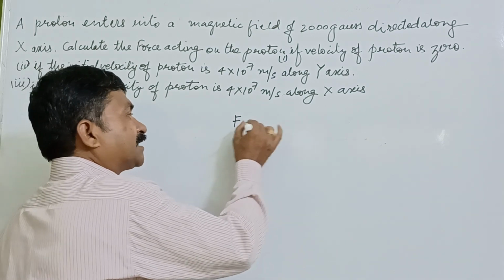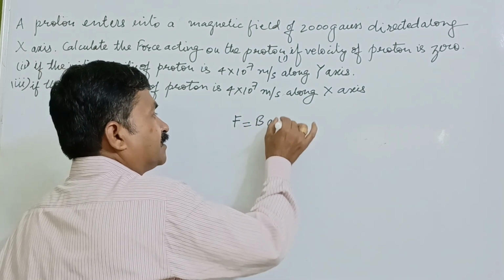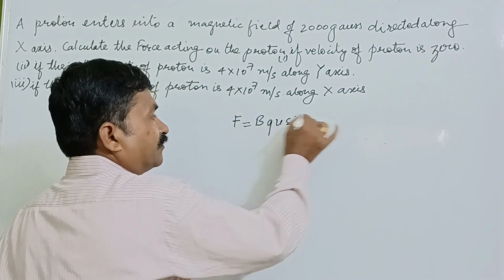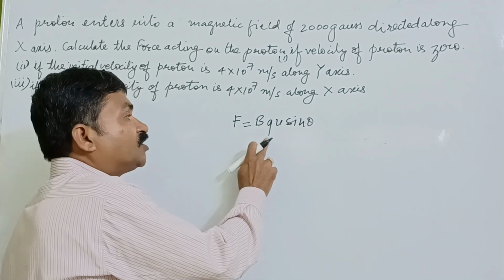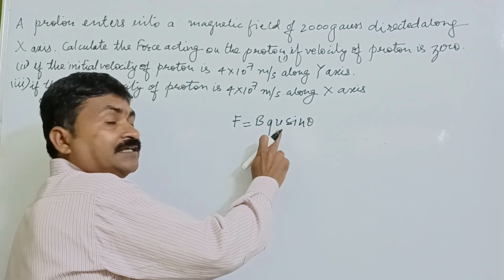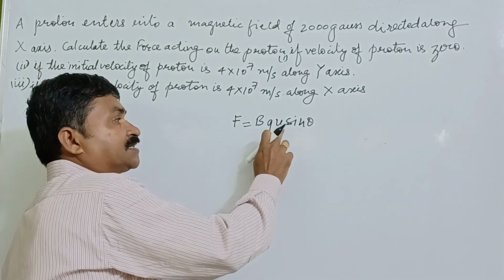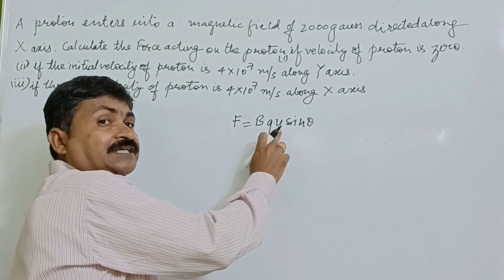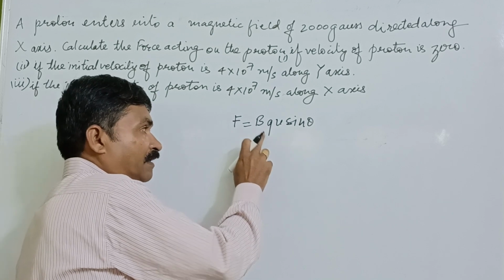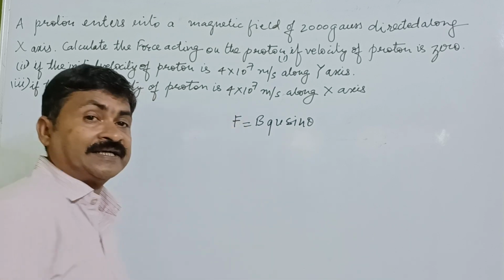Now, the force on a charged particle which is moving in a magnetic field, we can calculate as B q v sin theta, where B is the magnetic field, q is the charge, v is the velocity, and theta is the angle which the velocity of the charge is making with the magnetic field.